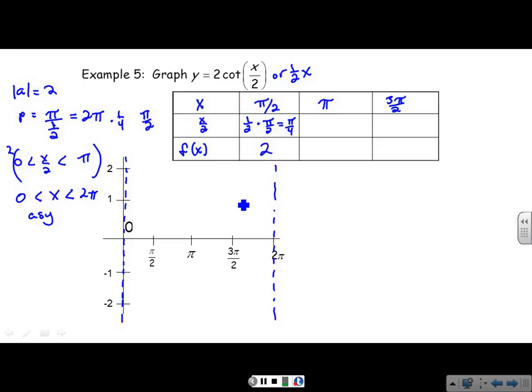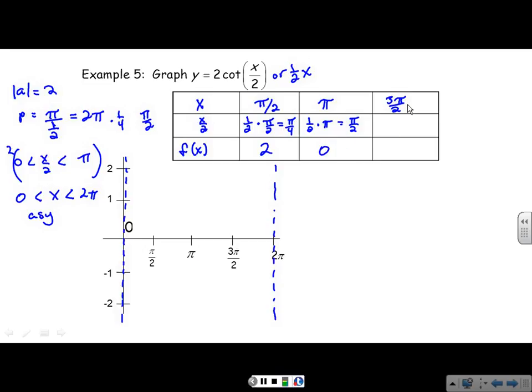Alright, and so we have pi, and if we do half of pi, that's going to give us pi over 2. And cotangent of pi over 2 is going to give us 0, and 0 times anything, of course, is 0.